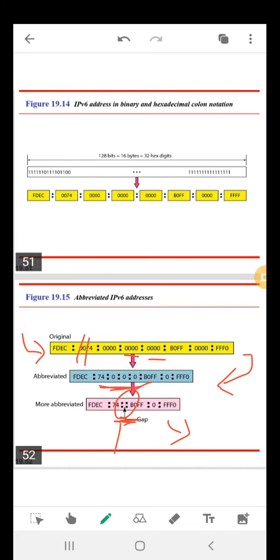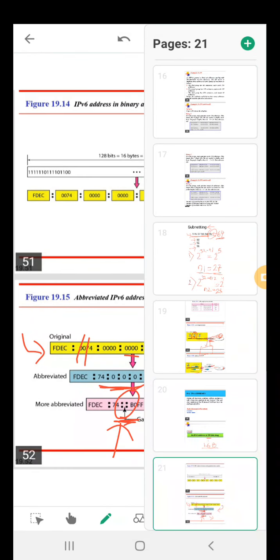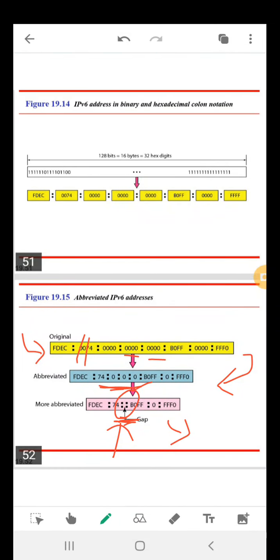Remember, we can have this gap only once in the IPv6 address. So these are some ways of abbreviating or reducing the total size of IPv6 address.